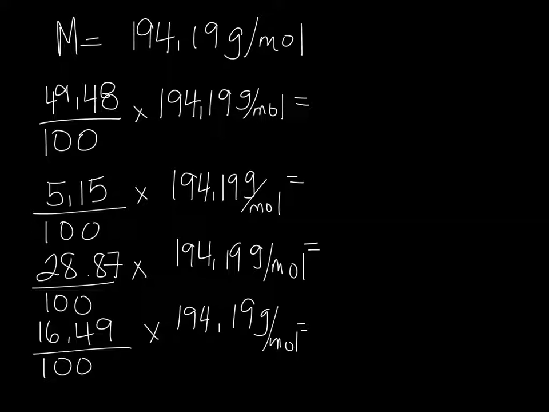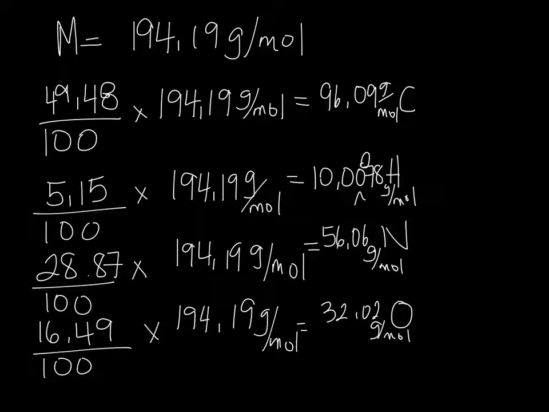So, tell me what these values are. Out of that molar mass of the entire compound, we've got the molar mass that is exactly from carbon, the molar mass that is exactly from hydrogen, nitrogen, and oxygen. So what I want you to do is divide it by the molar mass of that element.